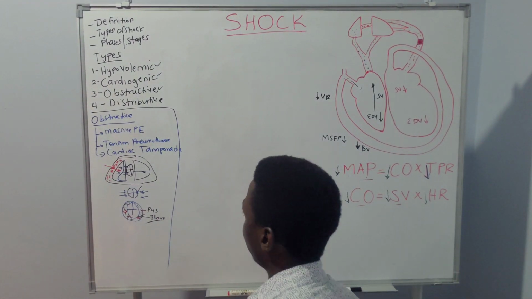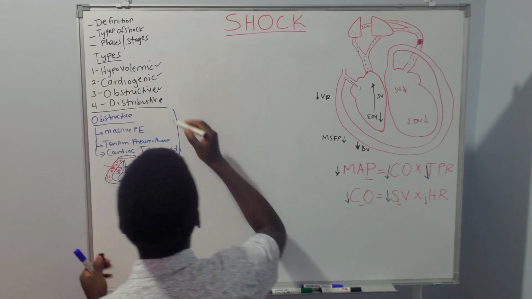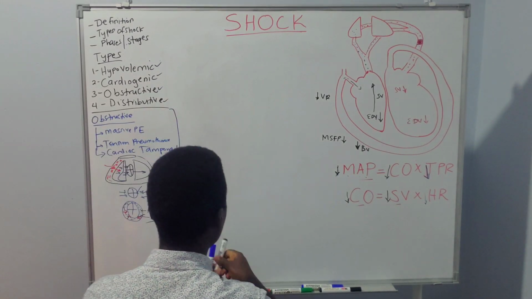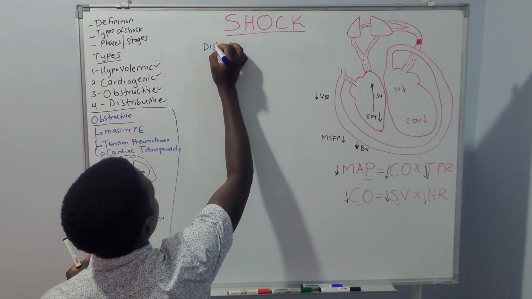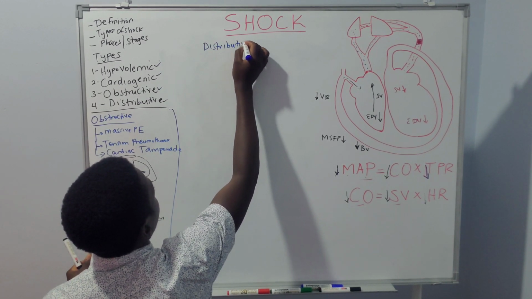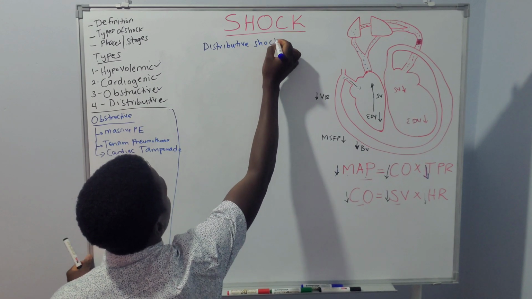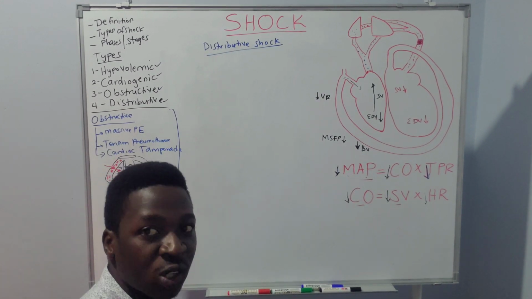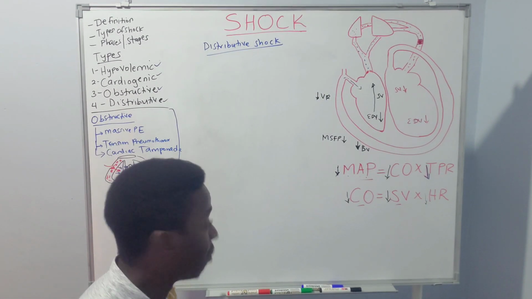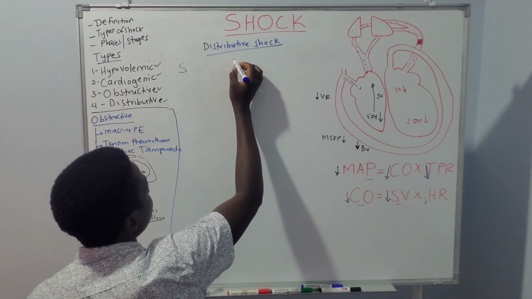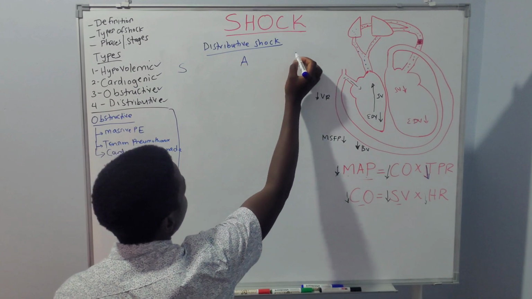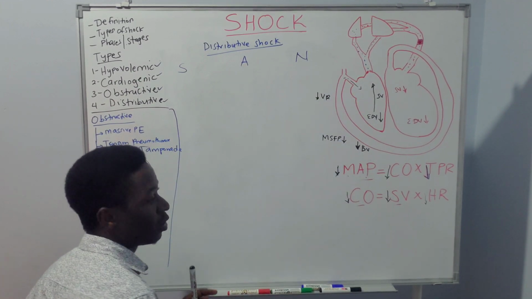The other type of shock is what we call the distributive shock. Distributive shock. Okay. So in distributive shock, there are different types. We have about 3 types. I usually remember it like this: we know the heart has the pacemaker, which is the sun, which is the SA node.